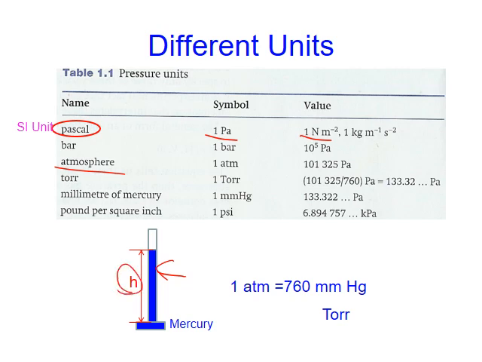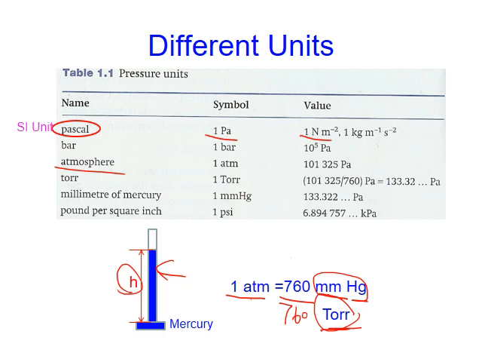The height gives you the pressure of the atmosphere. As we know, on Earth, the pressure of atmosphere varies, but the definition of 1 atmosphere equals 760 millimeter mercury height. Millimeter mercury height is also called torr, so 1 atmosphere equals 760 torr.